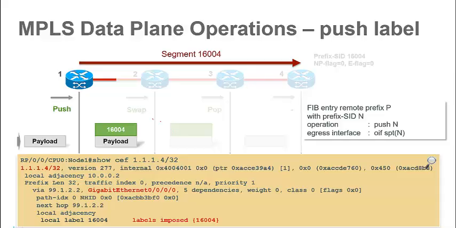So look at this router. When you type show isis route 1.1.1.4, which is the prefix of router 4, you can see that the label attached is 16004, and the interface via which it is going to go is G0/0/0/0, and the next hop is this 99.2.